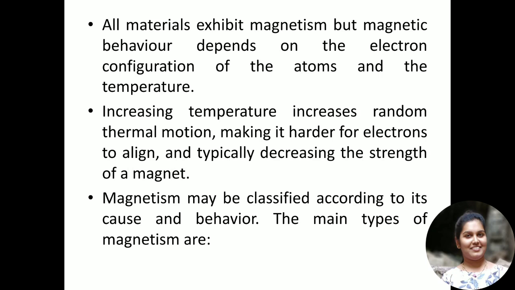The electron configuration can cause magnetic moments to cancel each other or align. Second point is that increasing the temperature increases the random thermal motion, making it harder for electrons to align, and typically decreasing the strength of the magnet.